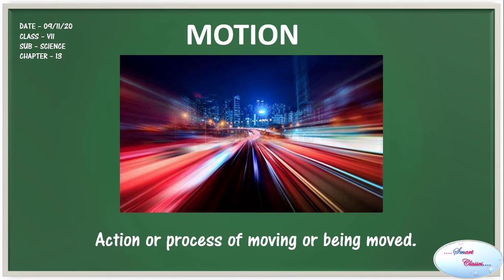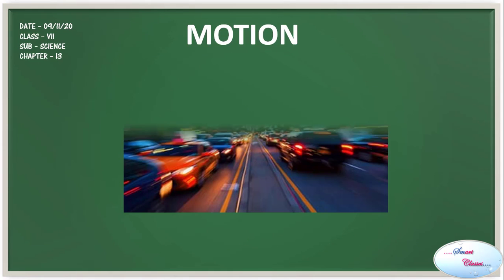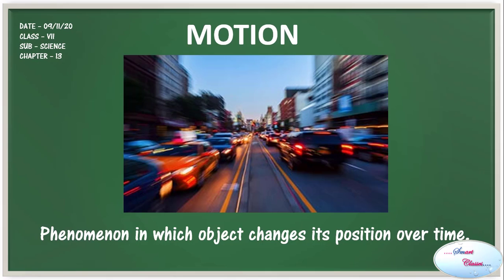Or we can say that motion is the phenomena in which an object changes its position over time. Which means that if any object or any person changes its position in some particular time, then that process or that phenomena is called motion. We can say that a motion has taken place.